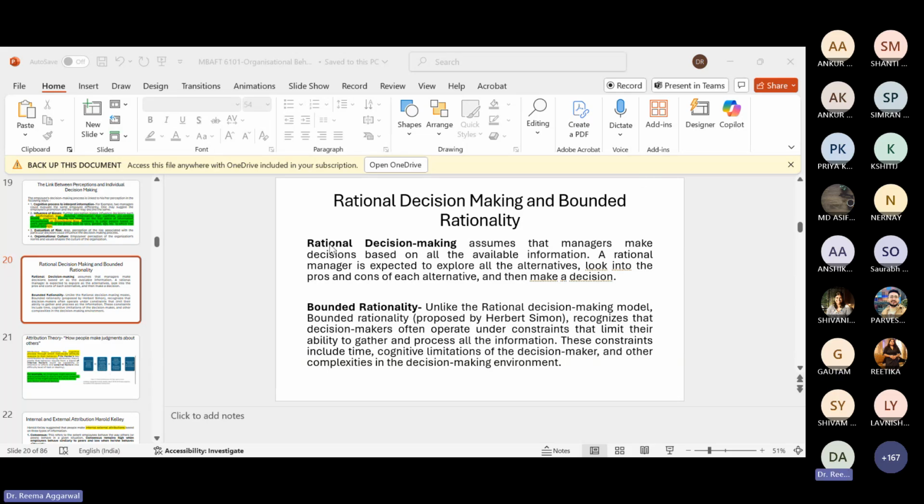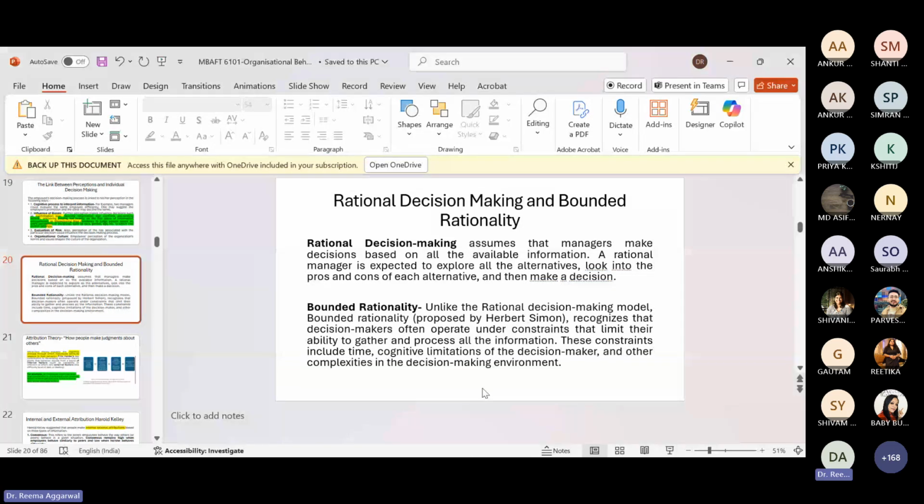Should I move ahead to attribution theory? Yes, it's clear. We can move on. Yes, ma'am. So again, I'm taking the mic so that no one is disturbing, right? Then I will give you access of mic once the topic will be over.